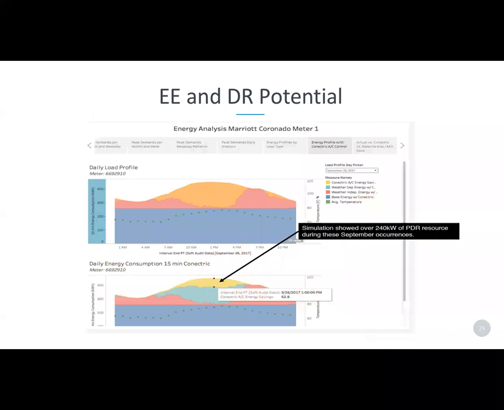So after gathering this data, we were then able to analyze how much we could reduce energy usage at peak times. So the top graph here shows, again, energy usage throughout the day. The bottom graph, that yellow portion, that's the amount of energy we were able to reduce during the day.